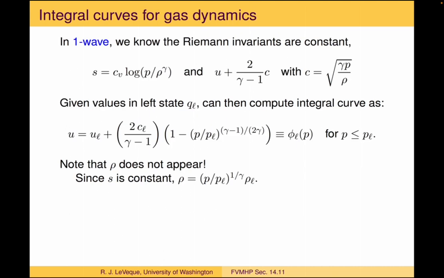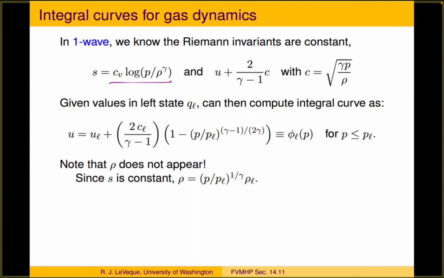To compute the one-wave, again, as in the case of the shallow water equations, we have to calculate the integral curves of the eigenvector R1, but it's greatly simplified by the fact that we know two different Riemann invariants, two functions of the variables that are constant along any integral curve. In particular, the entropy is constant, and from that we can calculate that the density along any integral curve has to be given by this expression down here.